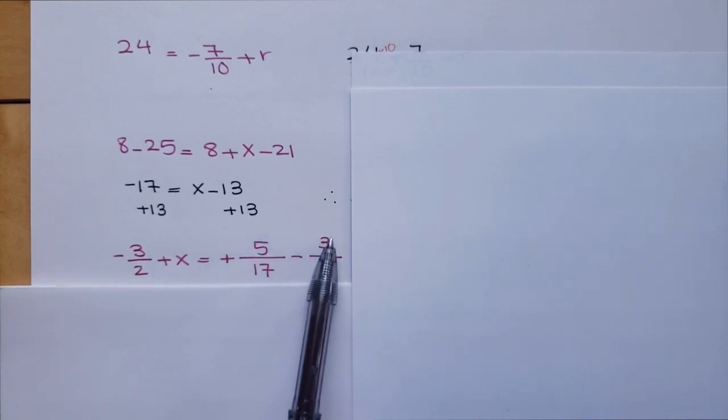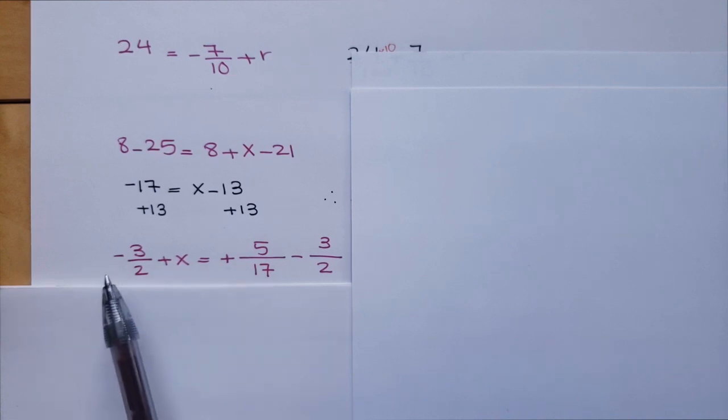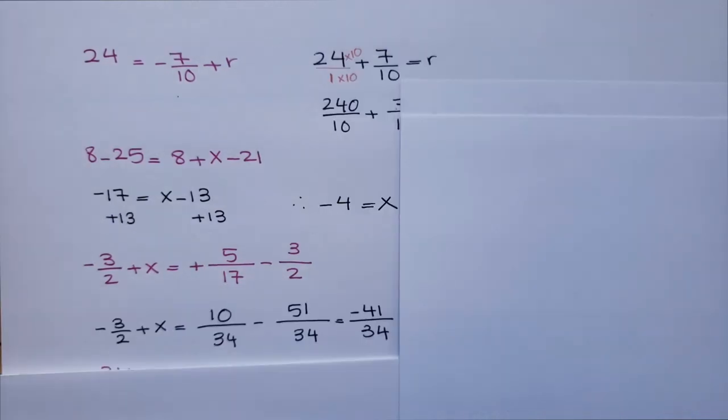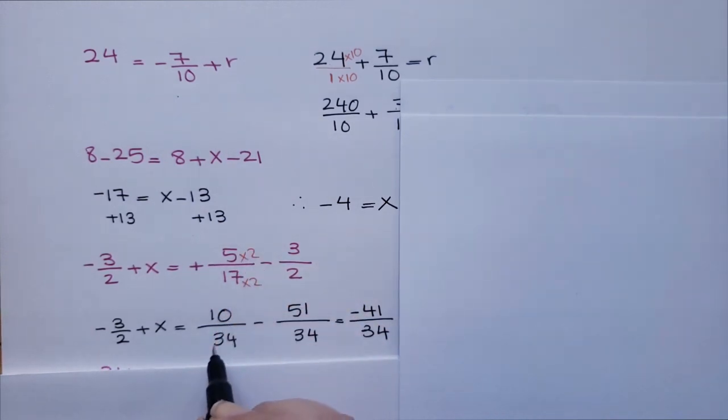So what I do, I will start simplifying on this side, and then move this one to the other side and then get the value for x. So let's do a common denominator on this side. 34 would be a perfect option. So here, as you can see, 17 has been multiplied by 2, so the 5 should be multiplied by 2. That would be 10.